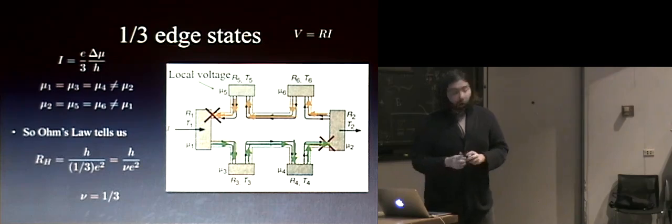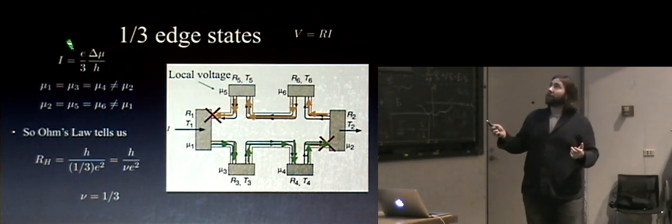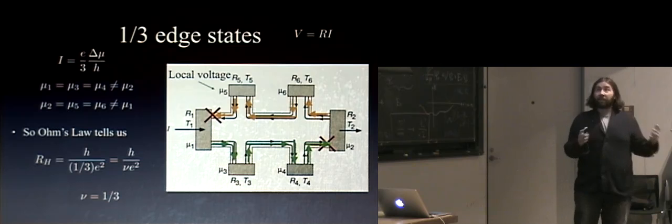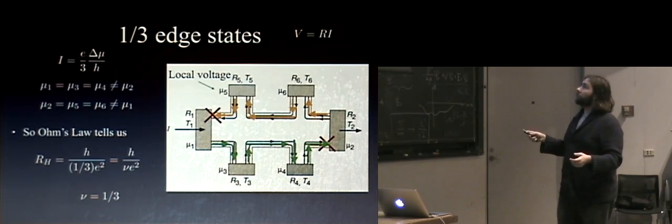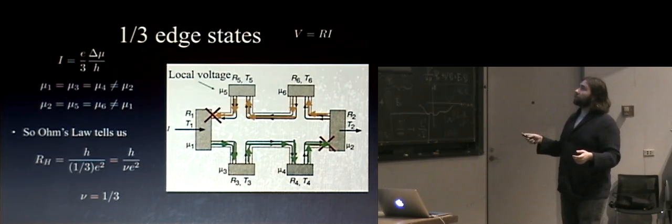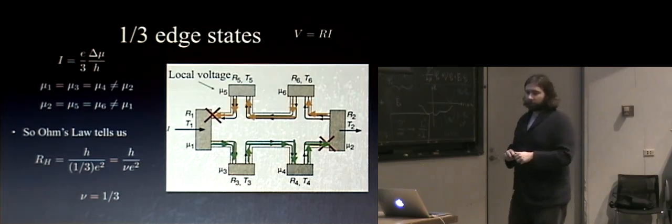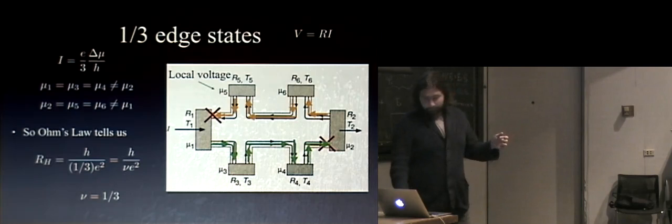So the only thing I have to change is that my edge current carries along with it charge e over 3 instead of e. I go through the formulas, these currents have to flow, so some voltages match, some voltages don't. I use Ohm's law, and Ohm's law tells me that the Hall resistance is h over nu e squared, where nu equals 1/3, which is exactly what these people saw experimentally.